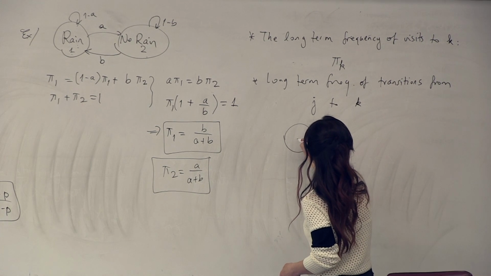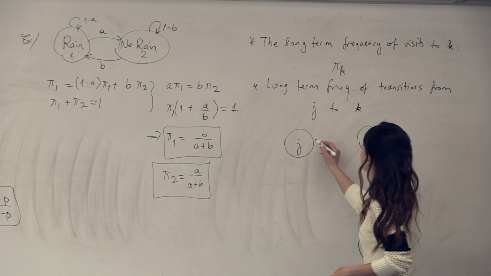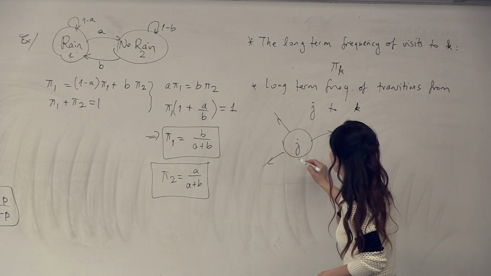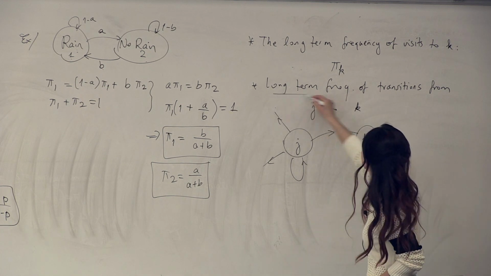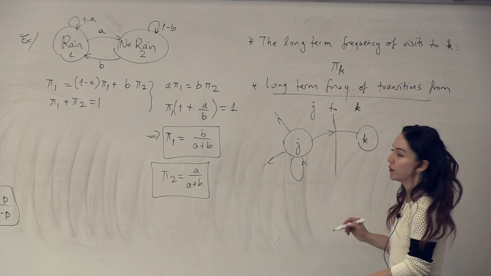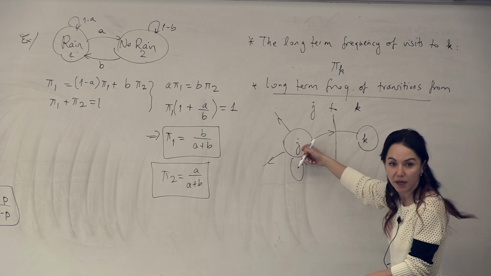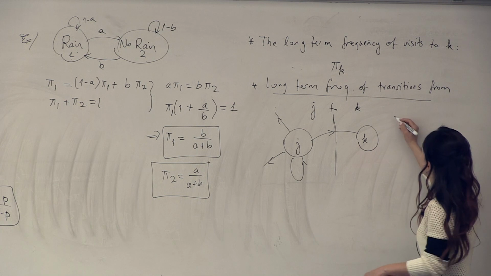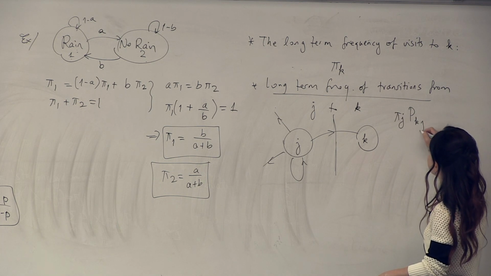Suppose this is state J and this is some state K, and there is a direct transition between the two. Of course, there are transitions from J to other states as well. But we make a transition from J to K whenever we're in J, and we take a transition this way. So that should be equal to pi j times p jk.